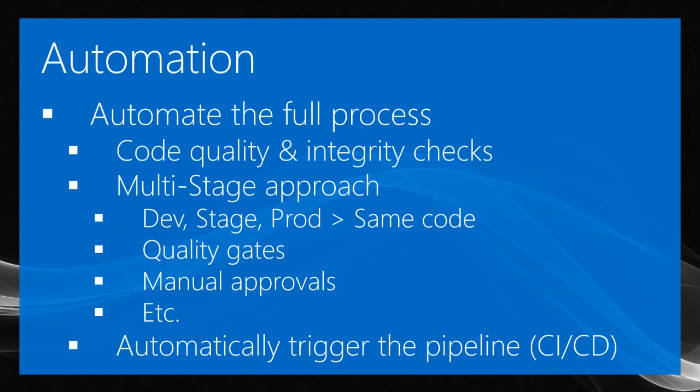So you should really check your code quality, check the code integrity and so on. And this can also be part of this release process. So before you release your code actually to the platform, you do some quality checks, right?